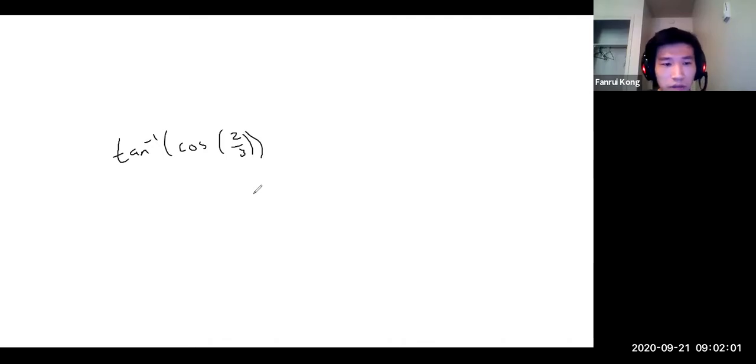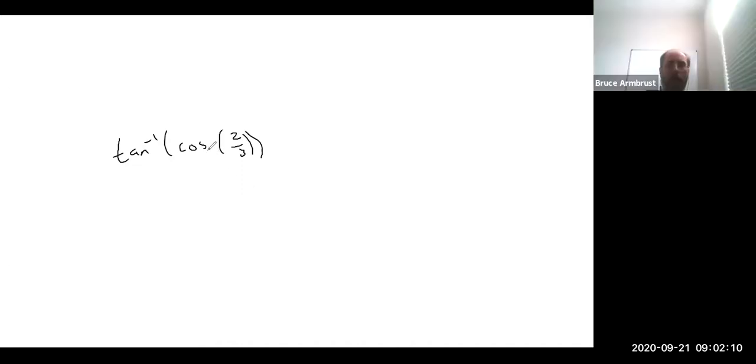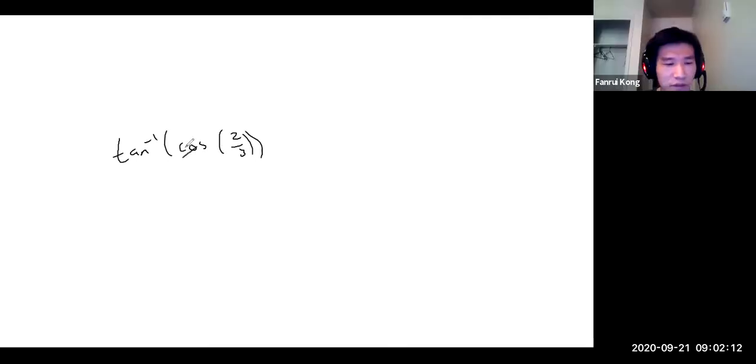So Fenrir, let me know if this is what you mean. Something like inverse tangent of cosine of 2/3. Is that similar? Inverse similar, but I think this is okay, but I'm not sure, like inverse tangent of the tangent. Okay. And with a very big number, yeah.